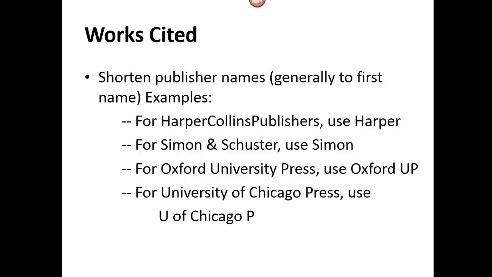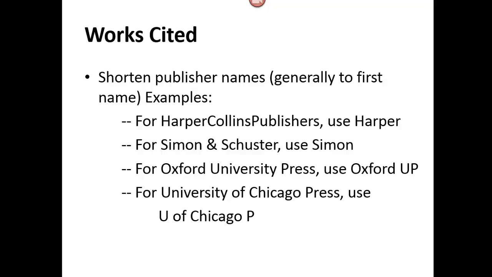And again, the works cited entry really provides just enough information for the reader to go and find that source for him or herself. So for the Simon & Schuster Publishing Company, you would just list the name Simon. For those books that are published from a university press, it's a little bit different.